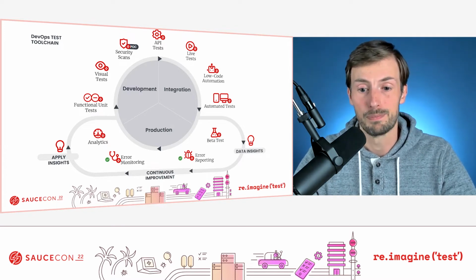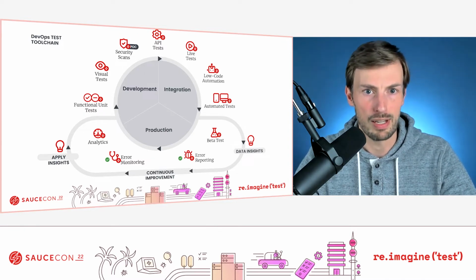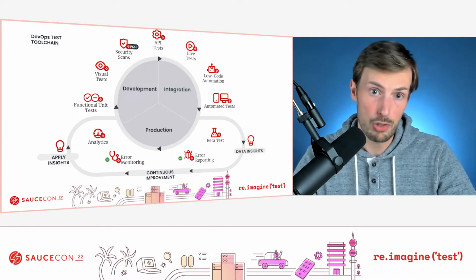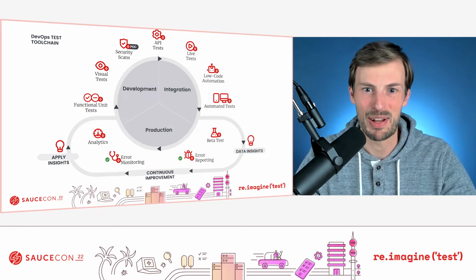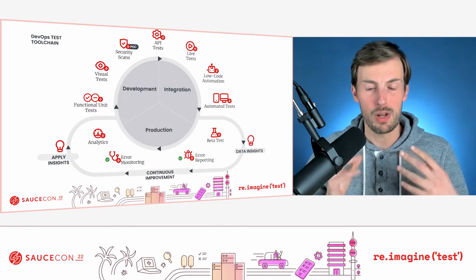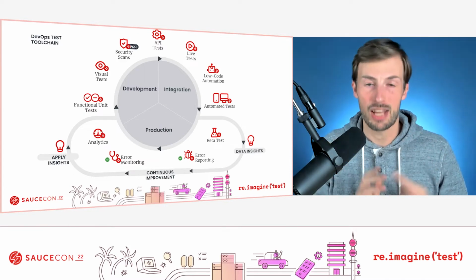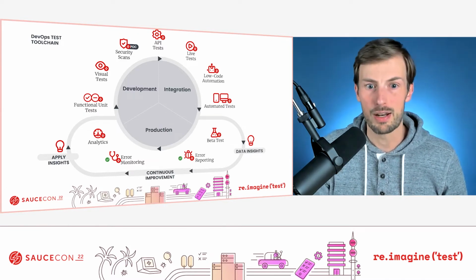So in the bottom right, you see error reporting. This is one of the very important things in production, that things are going to happen that you didn't foresee. Just look in your own experience. It's always going to be like that. So what we're taking a look at is how we can make sure that these errors are captured, that you can prioritize, and that you can resolve them.